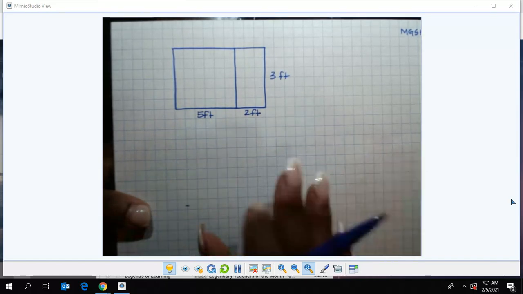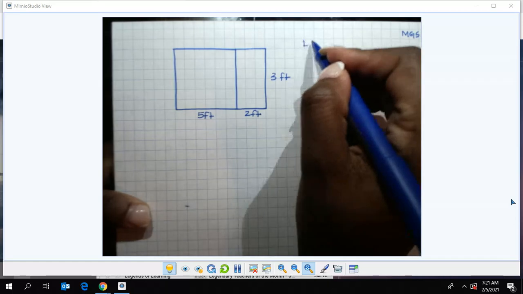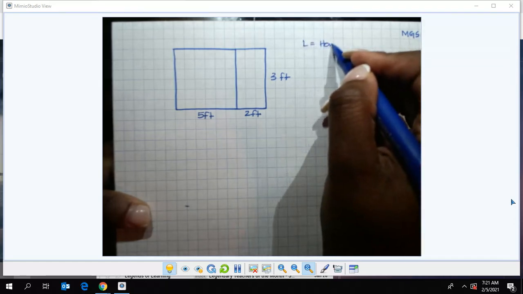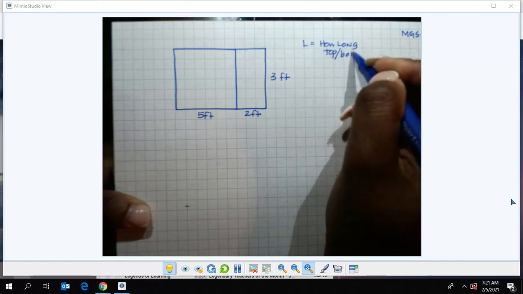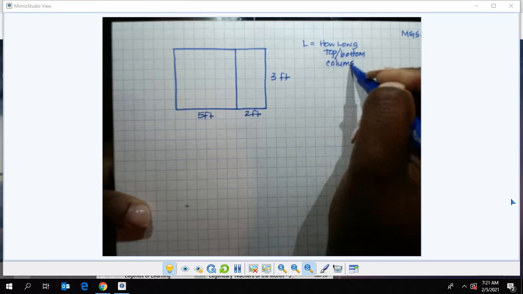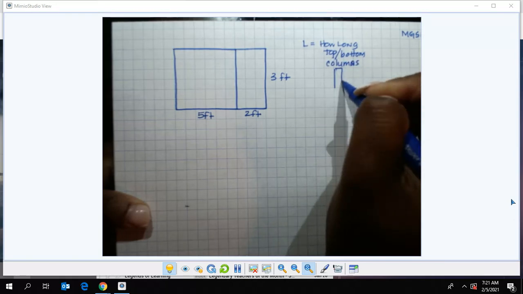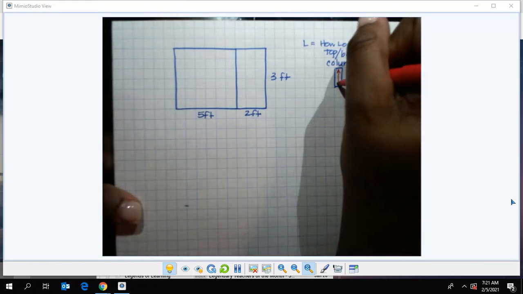Now, first thing I want to talk about is length and width. Length is how long. It's top to bottom. It's your columns. This is important, okay? We have to understand length and width in order to multiply length and width.